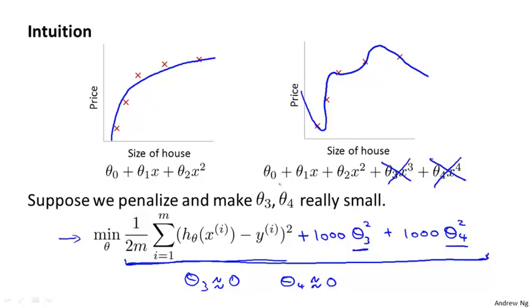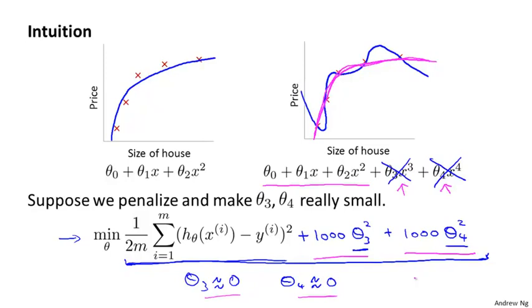And if theta3 and theta4 are close to 0, then we're basically left with a quadratic function, and so we'll end up with a fit to the data that's a quadratic function plus maybe tiny contributions from small terms, theta3, theta4, that are very close to 0. And so we end up with essentially a quadratic function, which is good because it's a much better hypothesis. In this particular example, we looked at the effect of penalizing two of the parameter values being large.